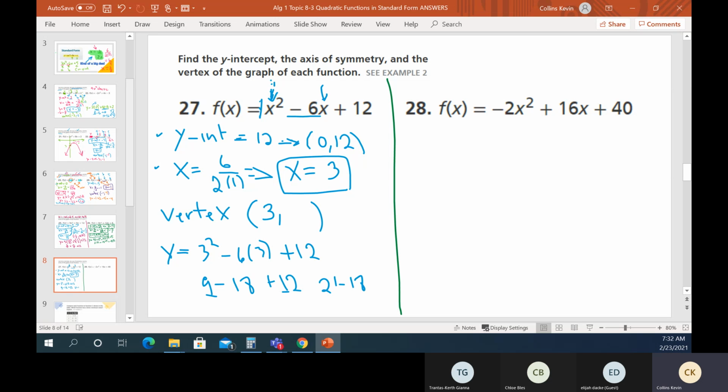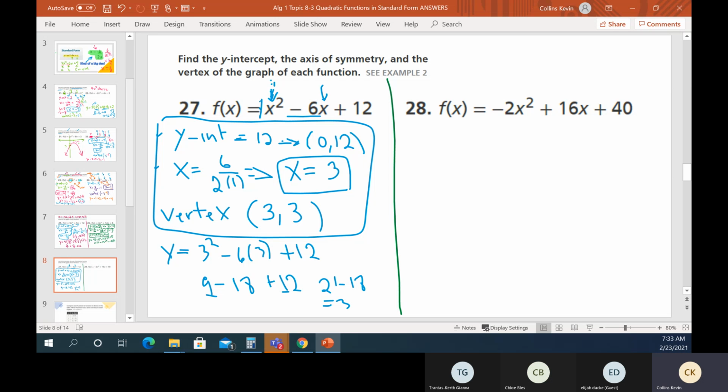Minus 18 is 3. So this guy happens to also be 3. And that's your vertex. This is everything we need right here. Okay? Questions? I think we're starting to get the hang of this, right? Cool. All right, so next one, same deal.